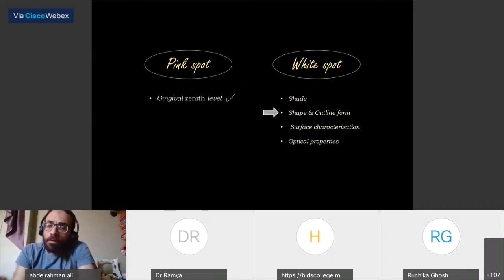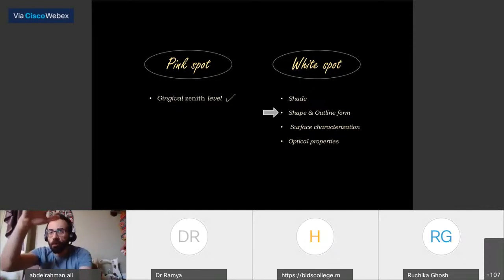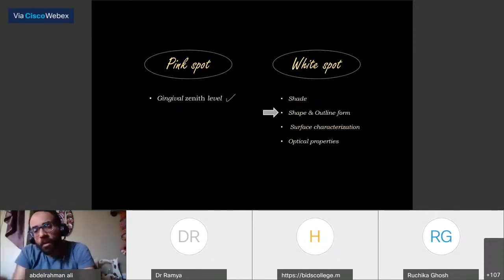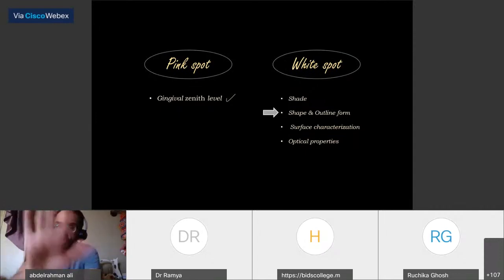So for the white aesthetics of our teeth, we have shape, meaning height, width, thickness and volume. We have surface characterization, meaning how many operations you need to do on the surface.